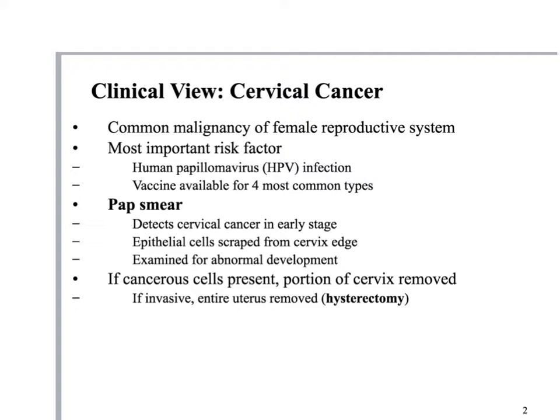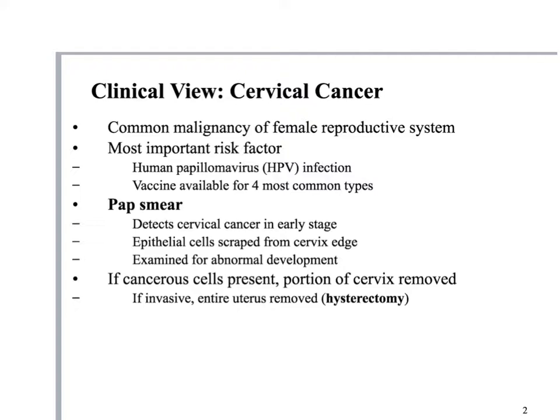If abnormal cells are present, there's a couple different procedures that can happen. They can freeze them, they can try to detect it early to remove any cancerous cells before it causes more problems.